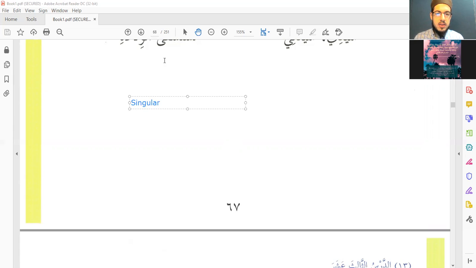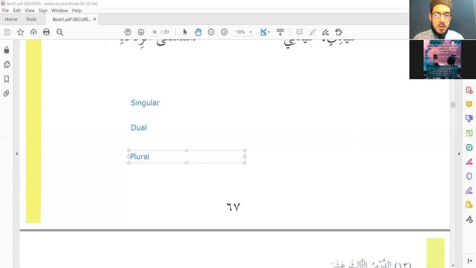Then we're just going to acknowledge the existence of something very special in Arabic that doesn't exist in most languages, which is a dual number, though we're not going to study it right now. And then finally, we have plural. However, there are different types of plural. We'll get into those too, okay?